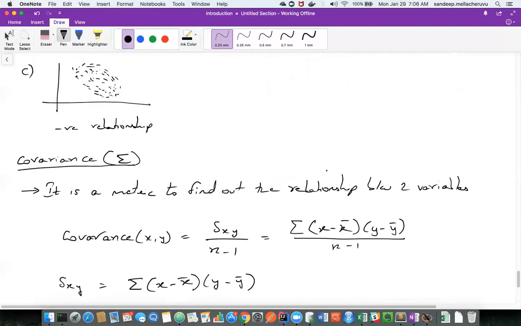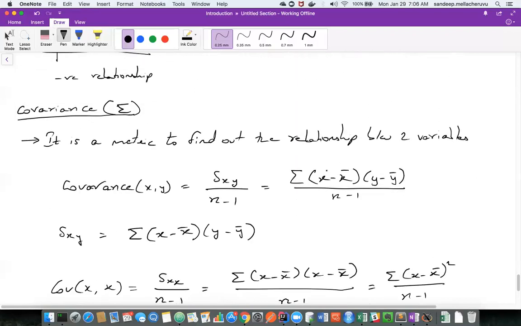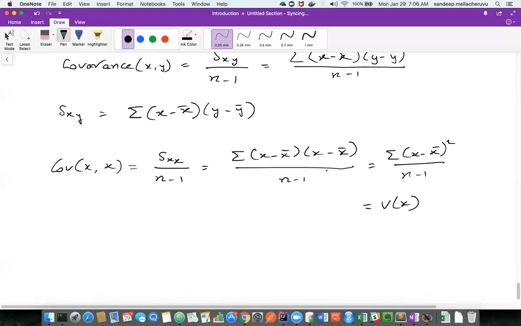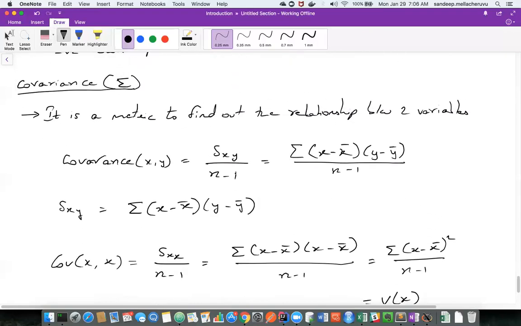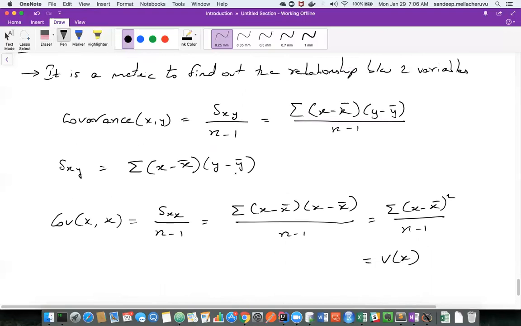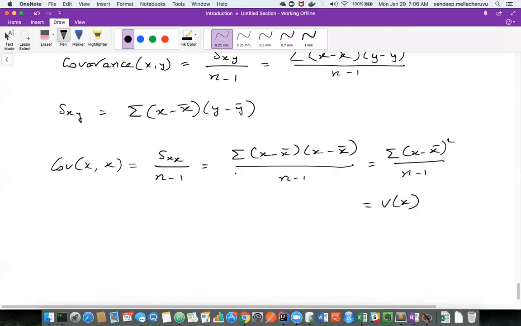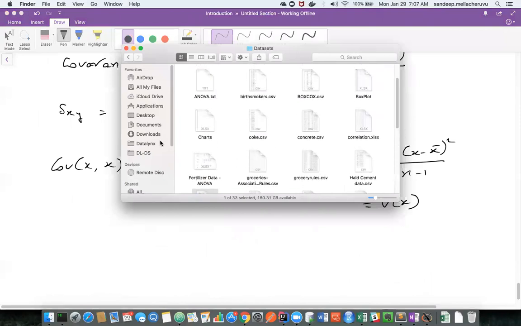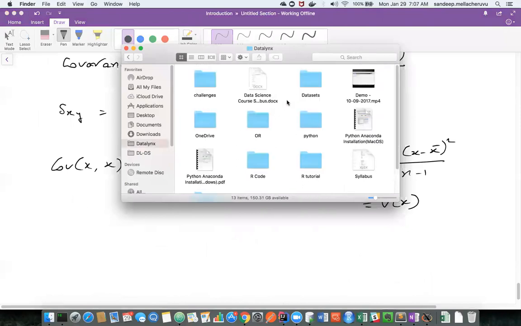That's why I said there is a closer relationship between variance and covariance. Now you got what is covariance. I have just explained, but there is a problem with this covariance. Before going into the problem, why covariance is not very much useful, we'll just go through some exercise for finding out this covariance in Excel.